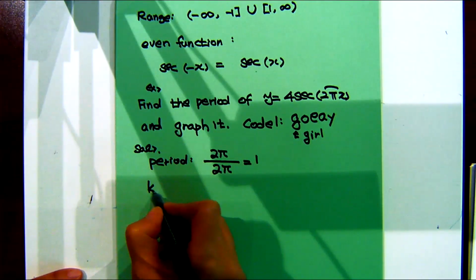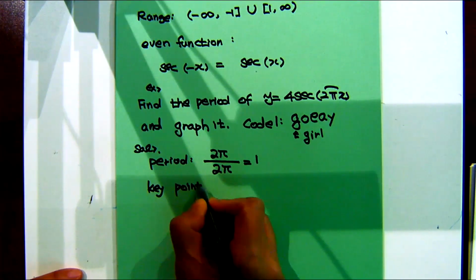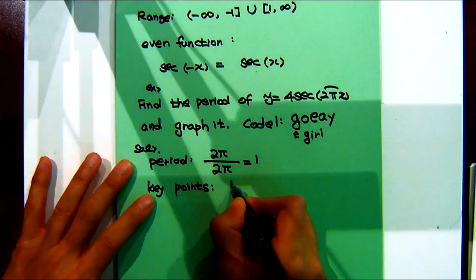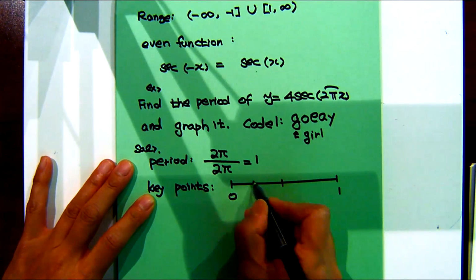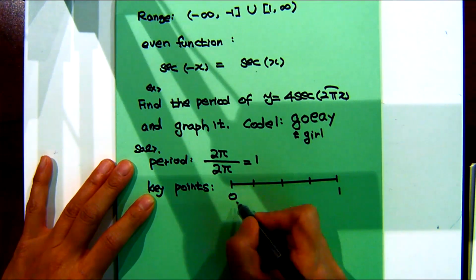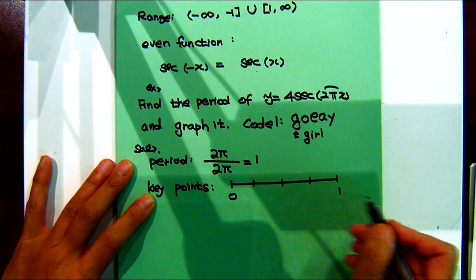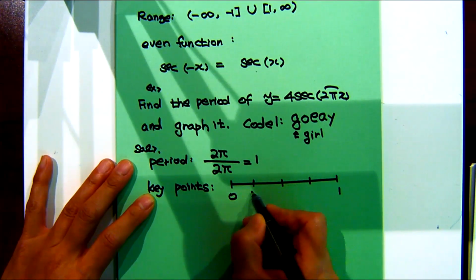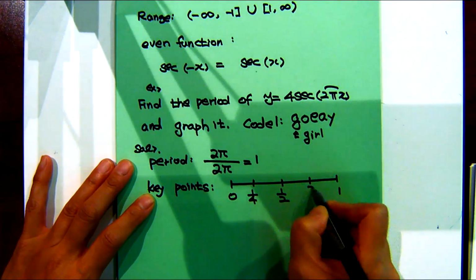That means the key points will become 4 points between -1, 0, and 1, which equally divide the interval. So 1 over 4, and then 2 over 4 is 1/2, and then 3 over 4.